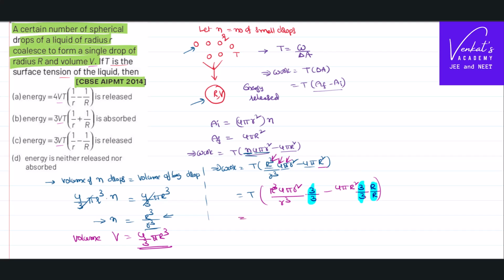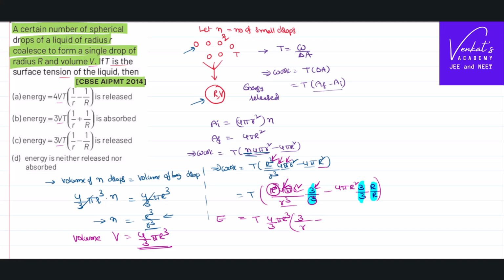So this can be further written as work done or energy released is T. Now I can take 4 by 3 pi R cube common. What remains is 3 by small r, since r square by r cube is 1 by r.